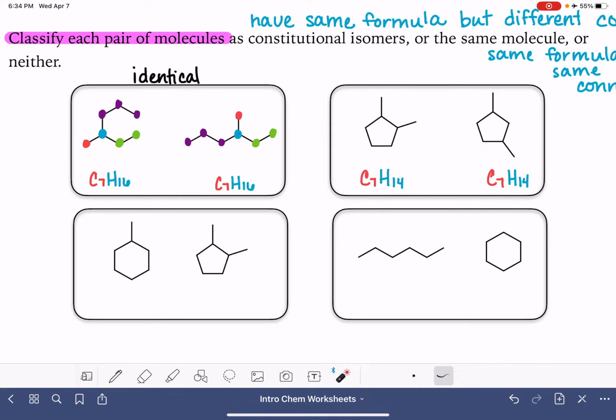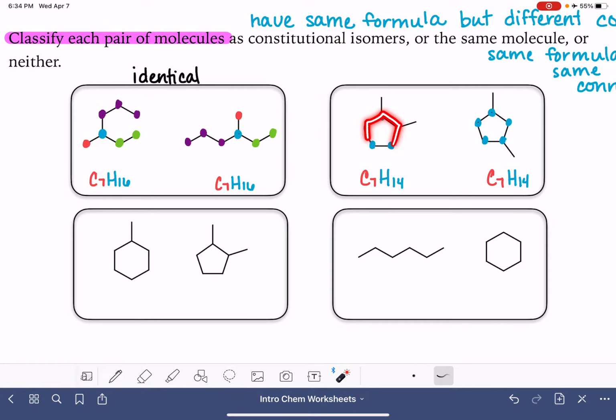Now this one is actually easier to see, to compare their connectivity, because for both of these molecules, we have this 5-membered central portion of the molecule. We have that similar 5-carbon pattern right off the bat.